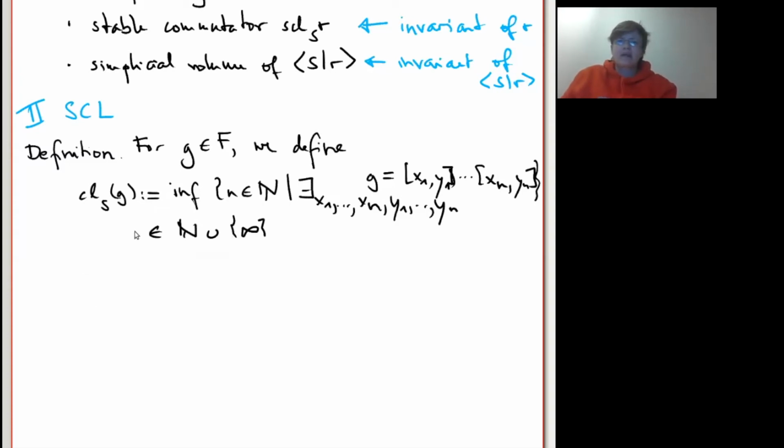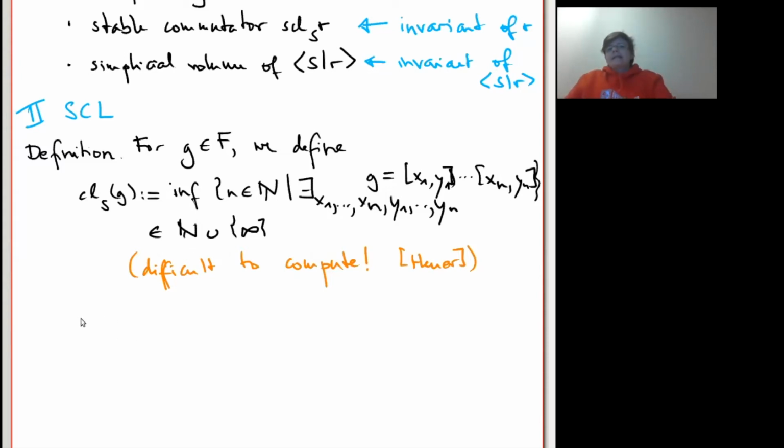And it turns out that even though this is a very nice thing to look at, it's very hard to compute. There are also precise statements of this type, for example by Nicolaus Heuer, on the difficulty of computing commutator length.